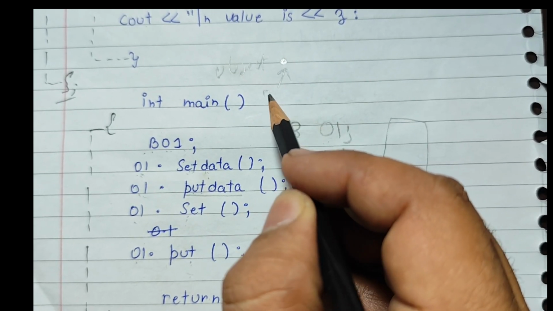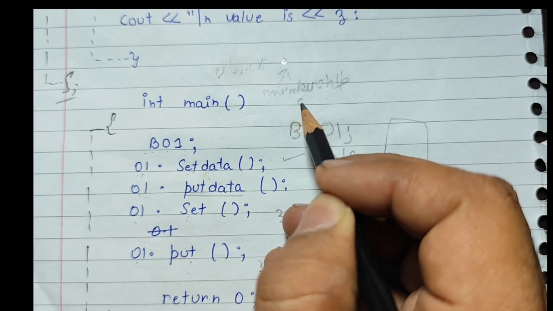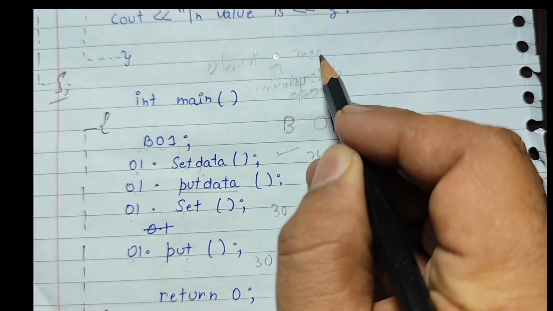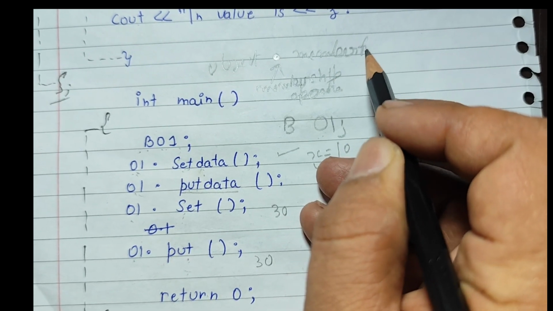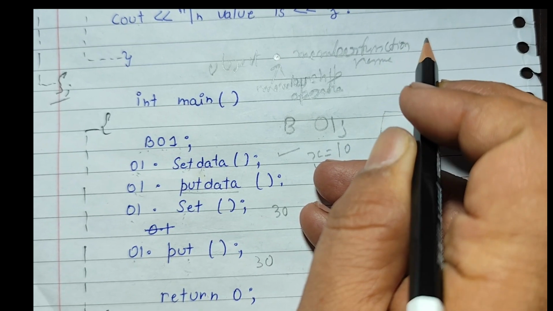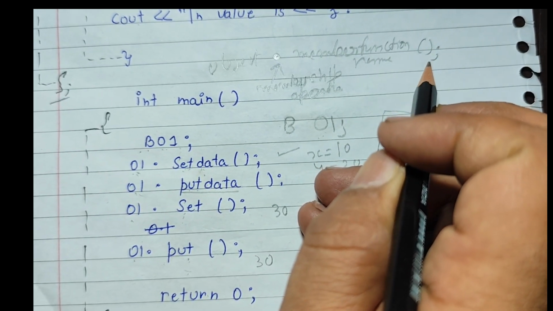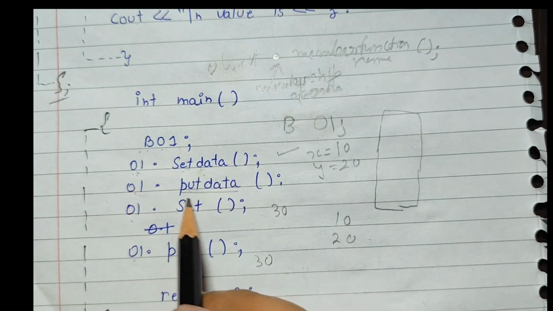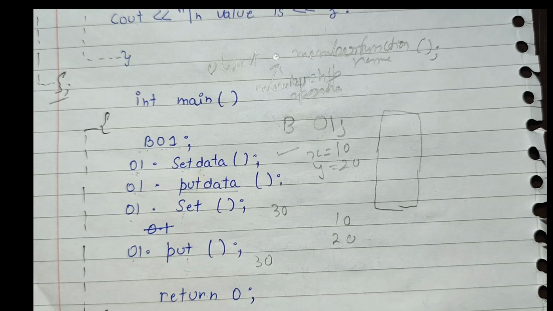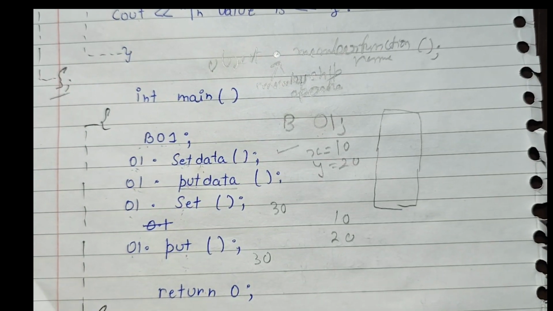Object dot, this one is the dot membership operator, okay. So object dot member function name, always use this rule for calling a member function, okay. And then open the round bracket and close the round bracket, then semicolon. So in this way you can call any member function using an object, okay.